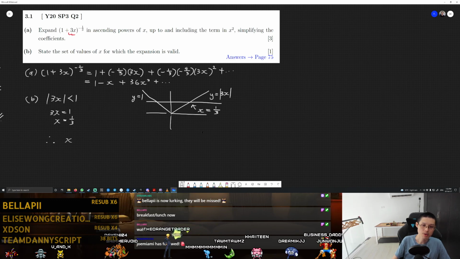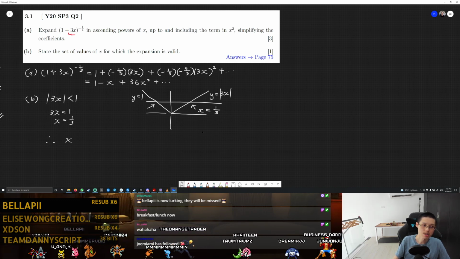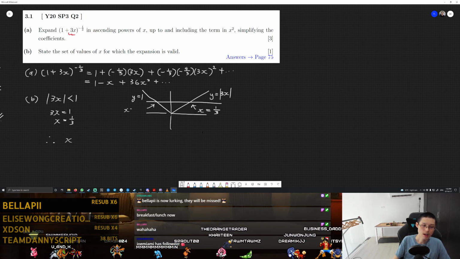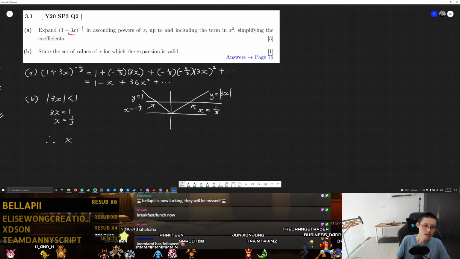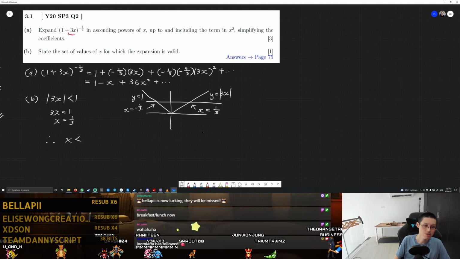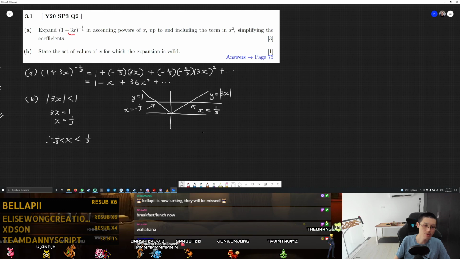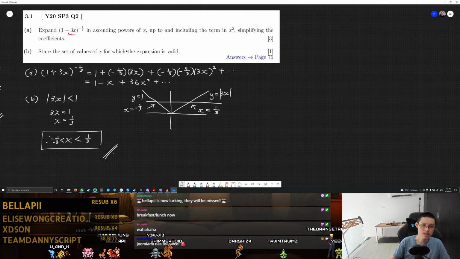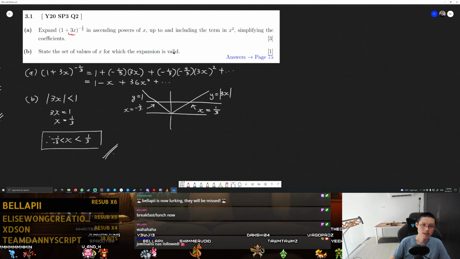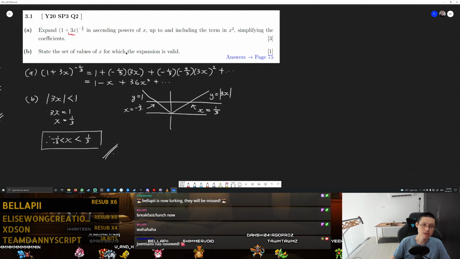The other point has to be x equals -1/3, so the final range should be between -1/3 and 1/3. And that's how you check which values of x the expansion is valid for. Whenever you see this term, expansion is valid, this is what you want to do.